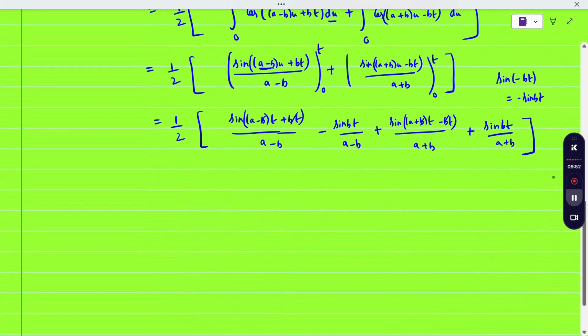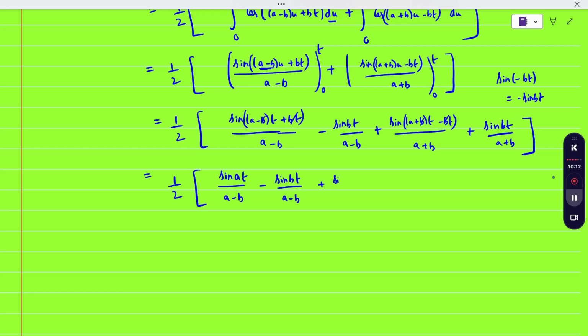Now when I separate it and write, half of sine at divided by a minus b, minus sine bt divided by a minus b, plus sine at divided by a plus b, plus sine bt divided by a plus b, I am getting. You can leave it as it is, or for more simplification you have to take the LCM. These are the same variable, so take the LCM and you can do the simplification.